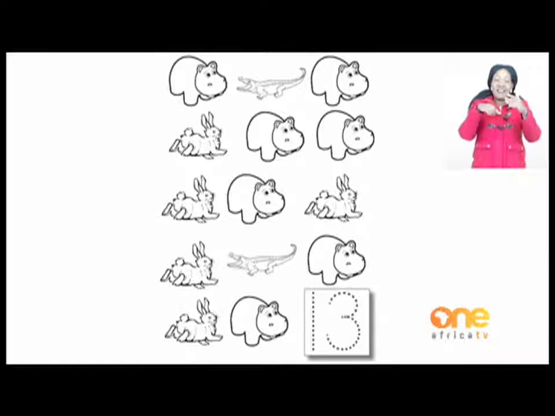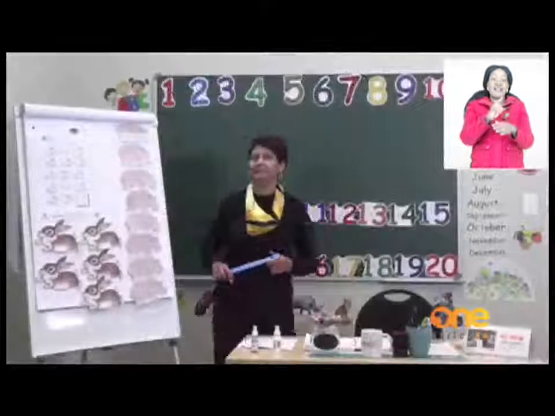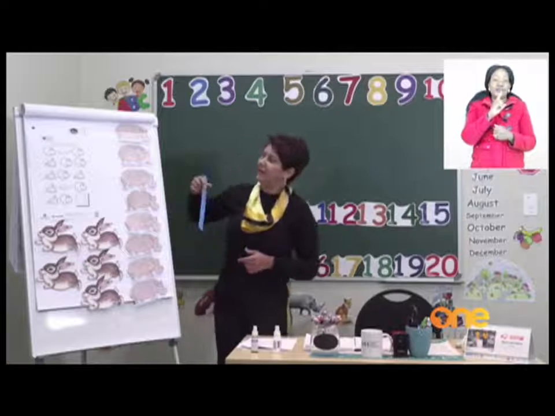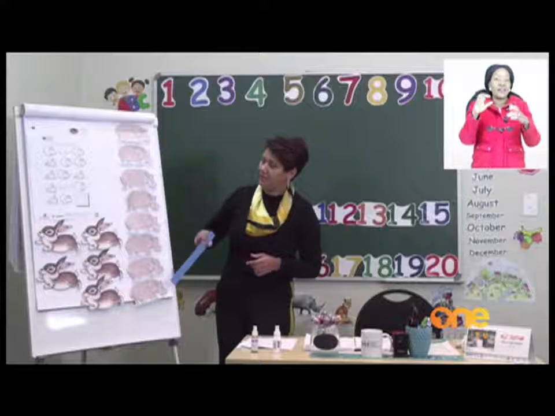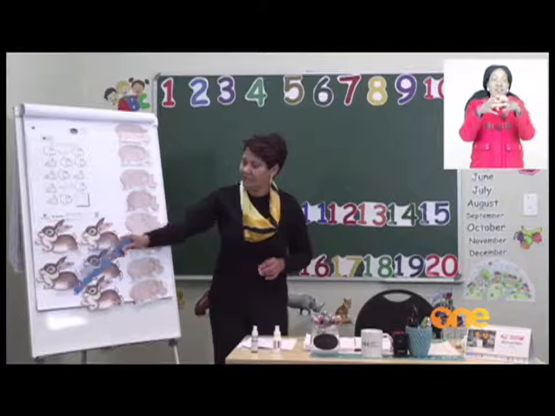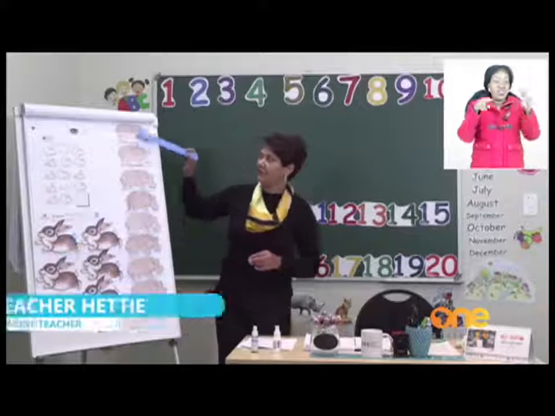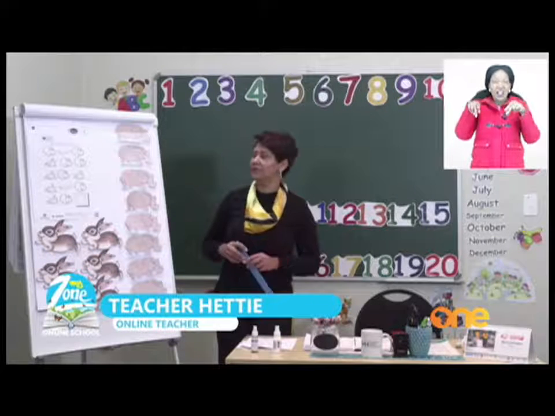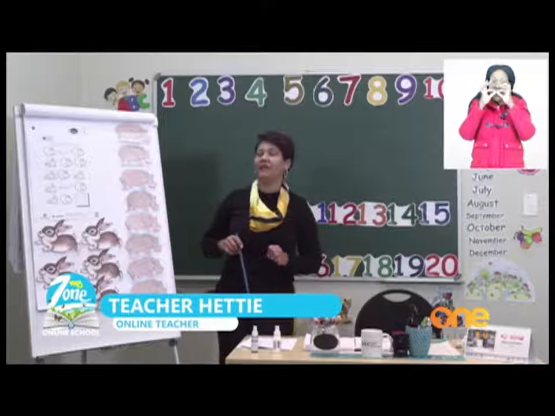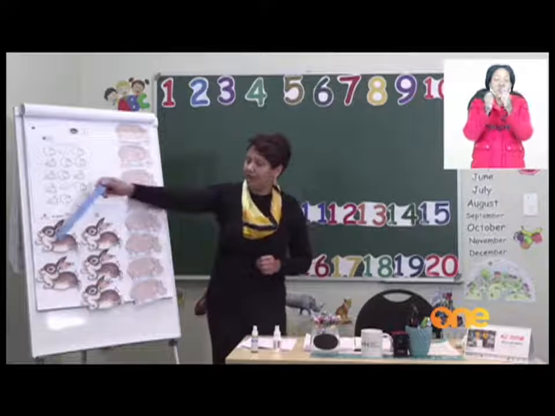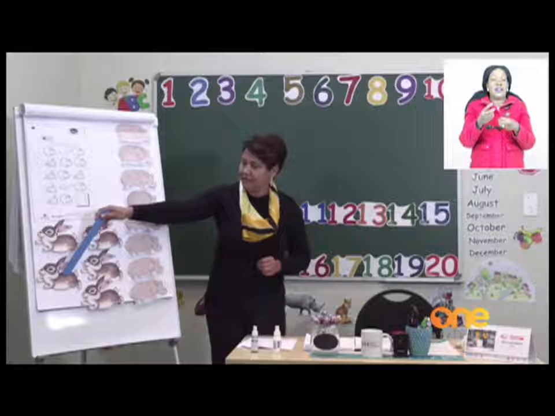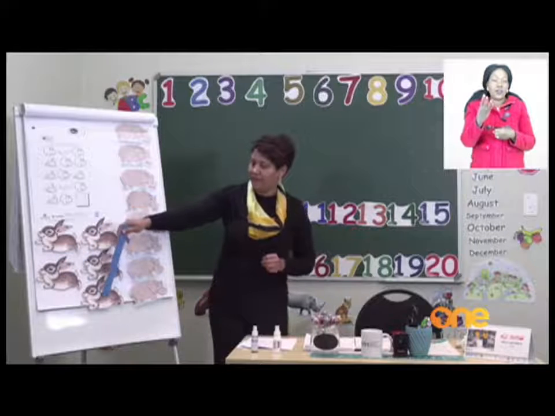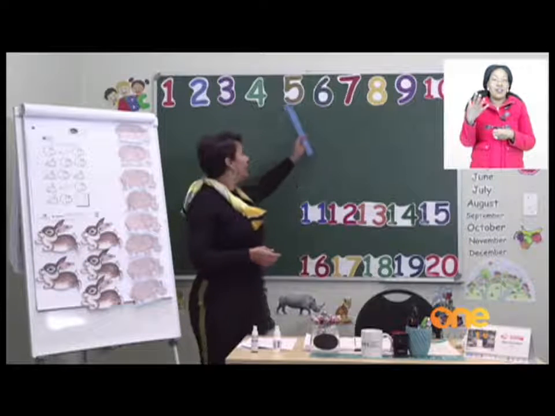Let's do some counting on my board. I have a group of animals put together. On the one side, I have some rabbits, and on the other side, I have some hippos. Let's count and see if they make a total of 13. 1, 2, 3, 4, 5. That's the number 5.